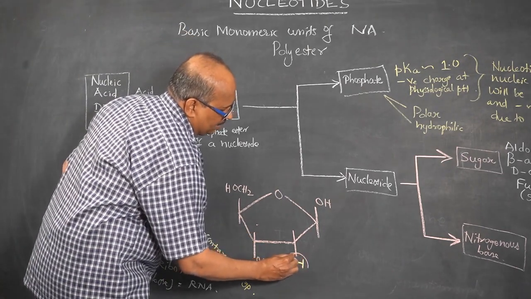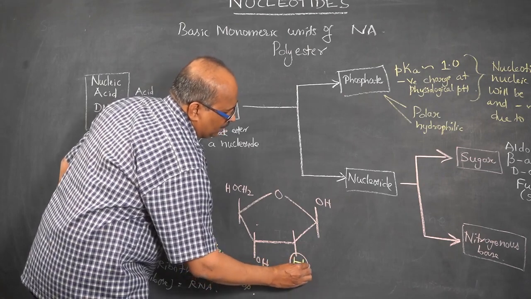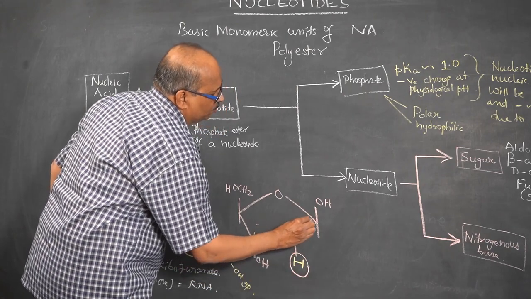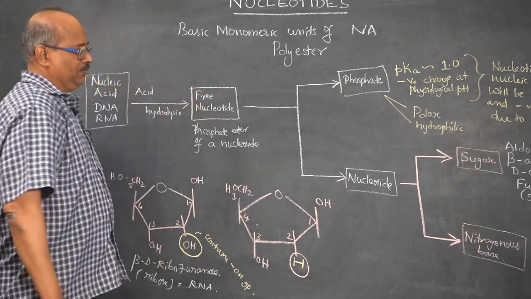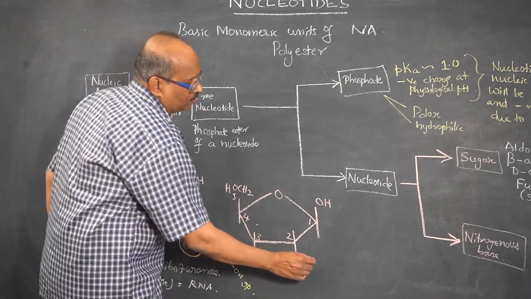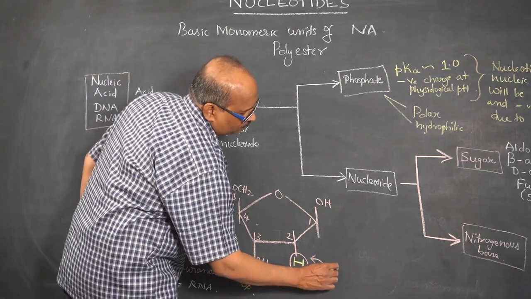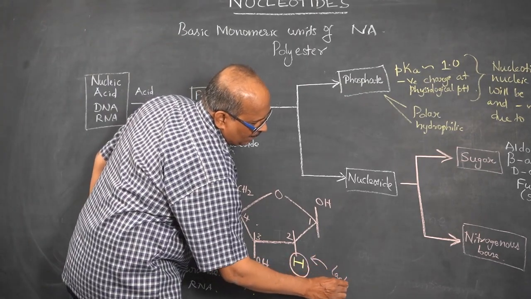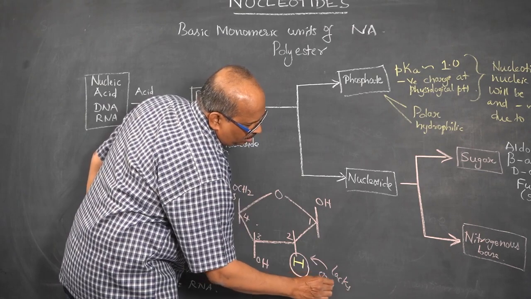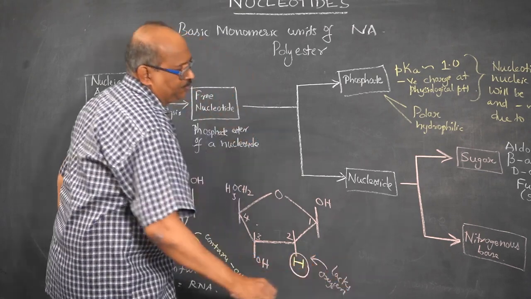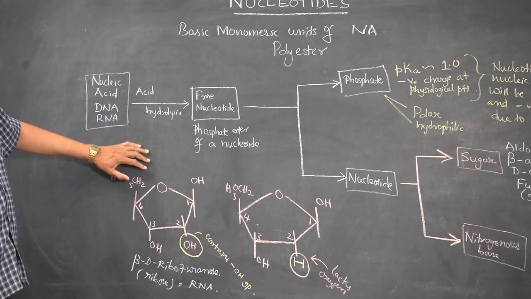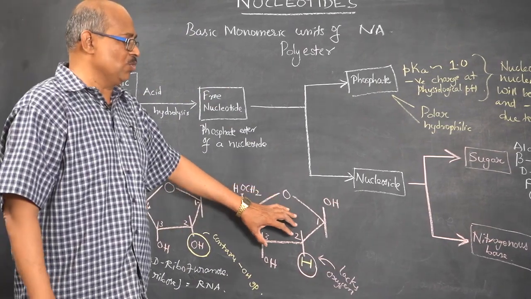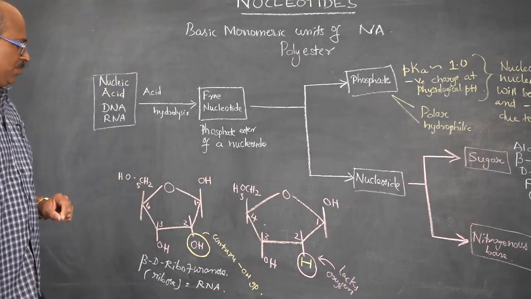It is deoxy, and the deoxy position is 2. So it lacks oxygen. So this is the one that goes to the ribose. This is the one that goes to the deoxyribose.